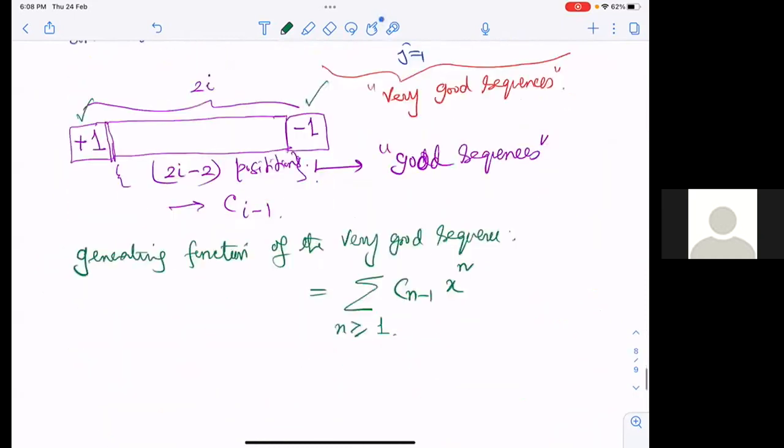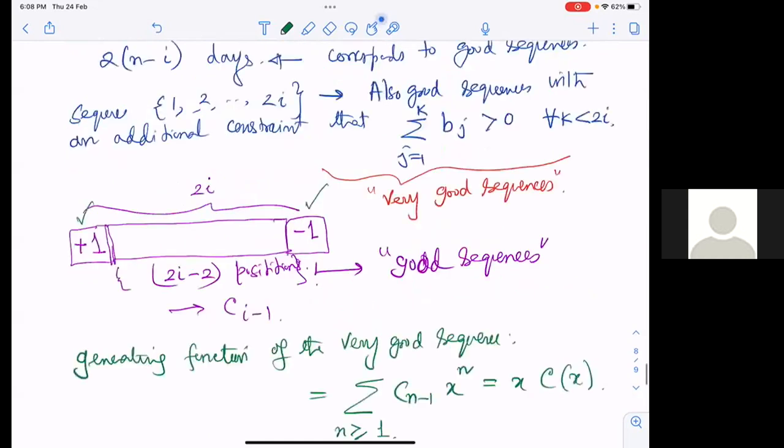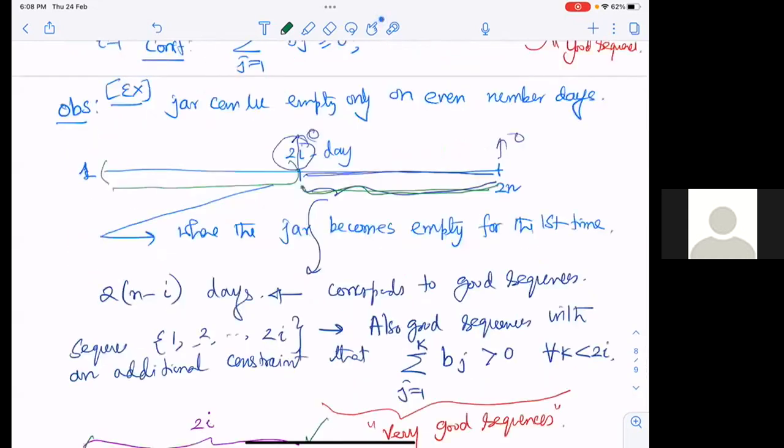And this starts from Cn-1 x power n. So this is exactly x times Cx. The factor x is additional. That's good. And this part is very easy. We already know that this is a good sequence, so the generating function is Cx.